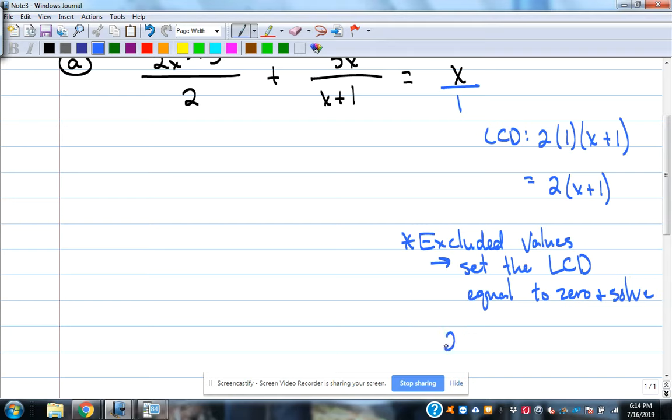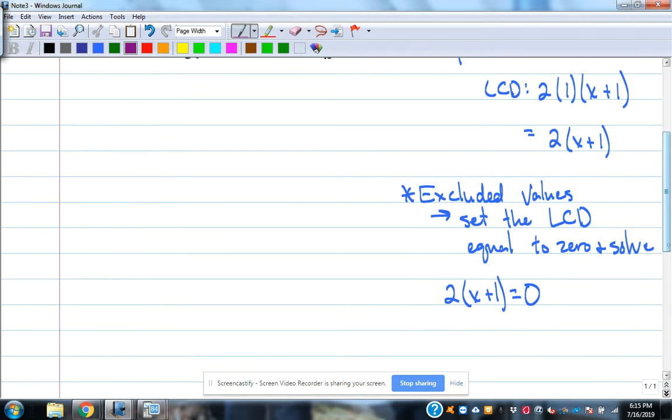So we're setting 2 parentheses x plus 1 equal to 0, and we're going to solve that before we work on the real equation, because it tells us what answers don't work. If we find an answer that matches one of these excluded values, we throw that one away. It's extraneous. It's extra. We don't need it. It didn't work.